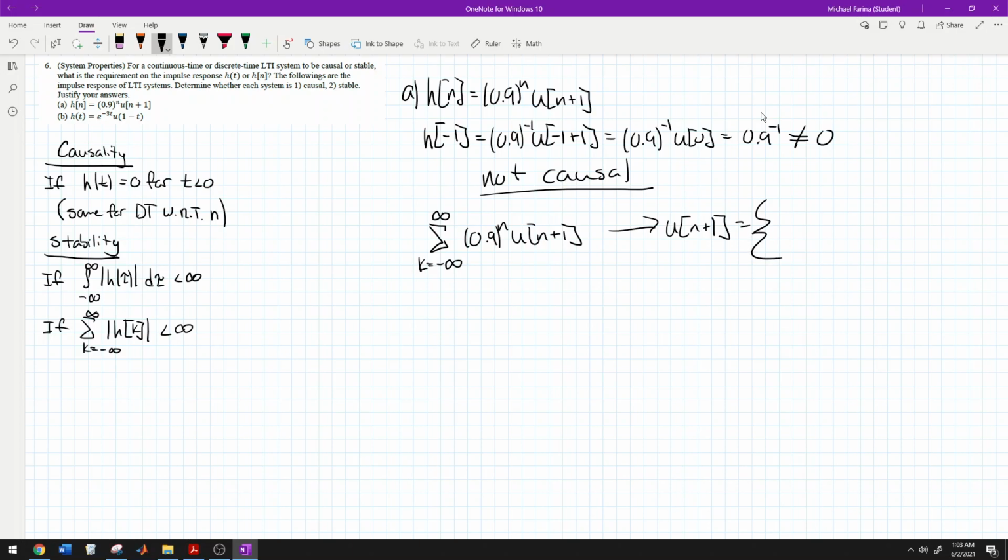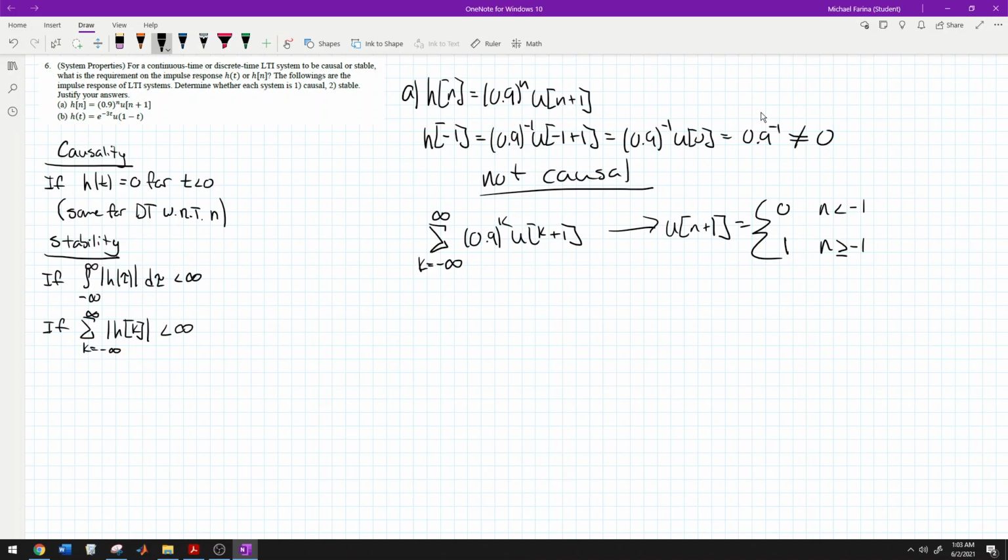If we want this unit step to be 1, then n has to be greater than or equal to negative 1. And it's off when n is less than negative 1. I guess these should be k's, huh? Just dummy variables.